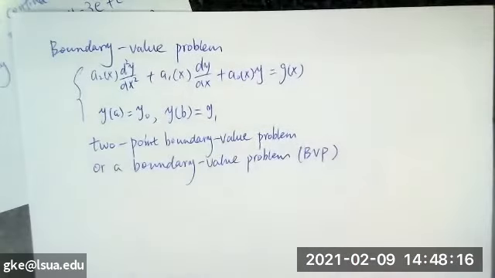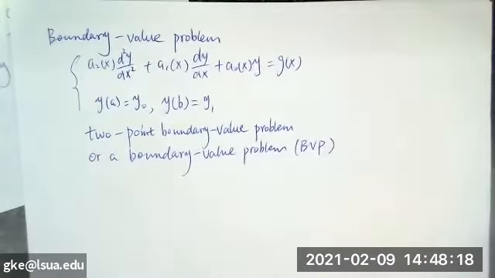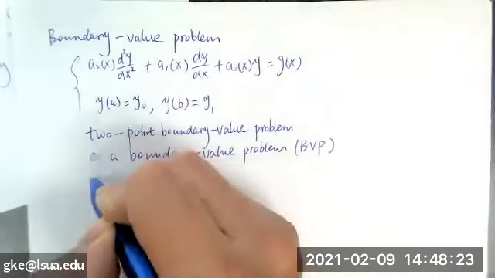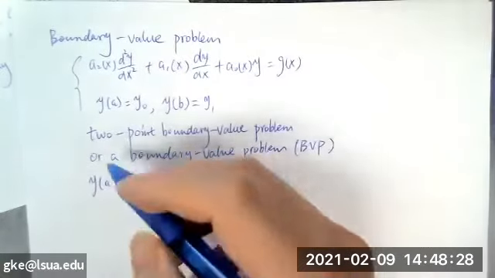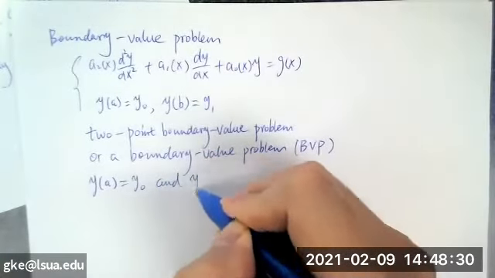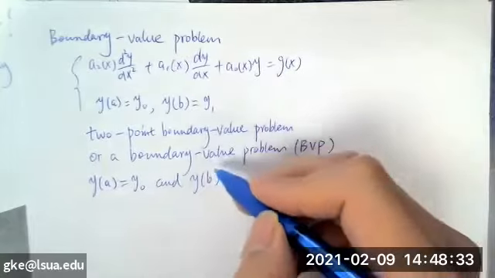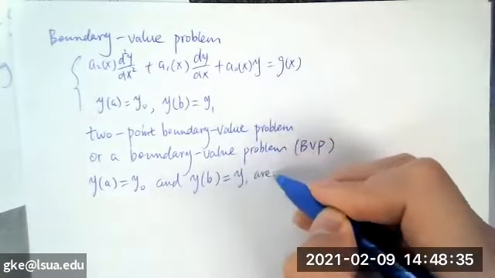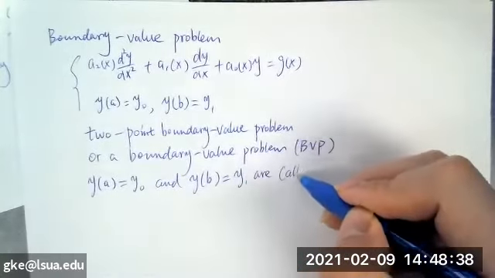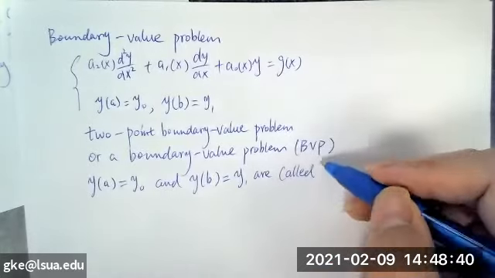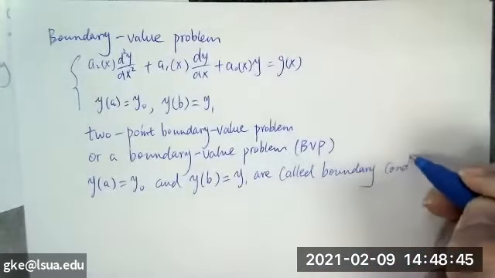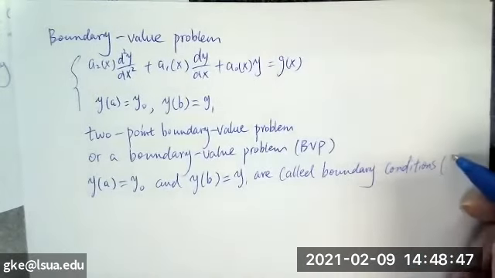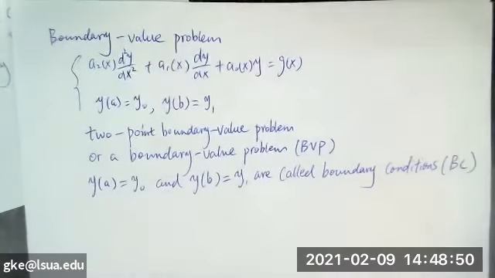And of course, y(a) equals y0 and y(b) equals y1 are called boundary conditions, BC.